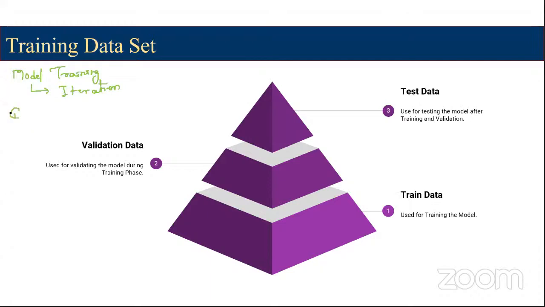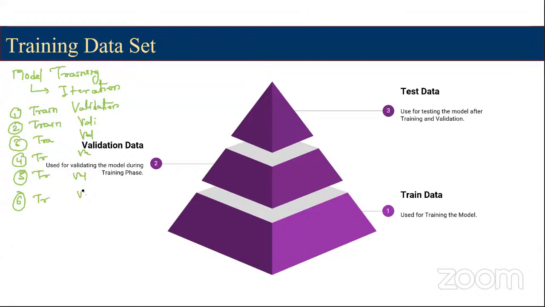Say if you are training a model using 6 iterations, then in each iteration, you train your model using the train data set, and then you evaluate your model using the validation data set. So this is when we are going for three splits. Train using train and evaluate using validation. Train, validation, train, validation, train, validation, train, and validation.